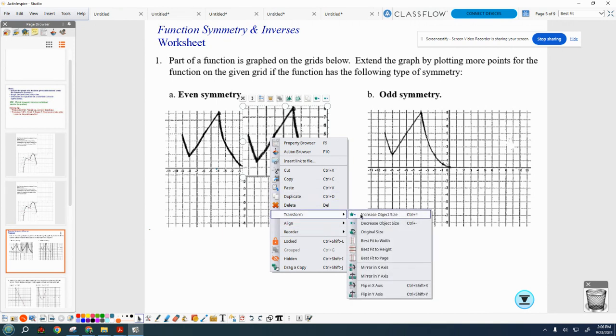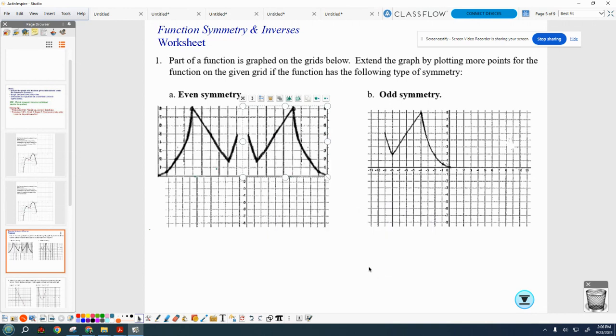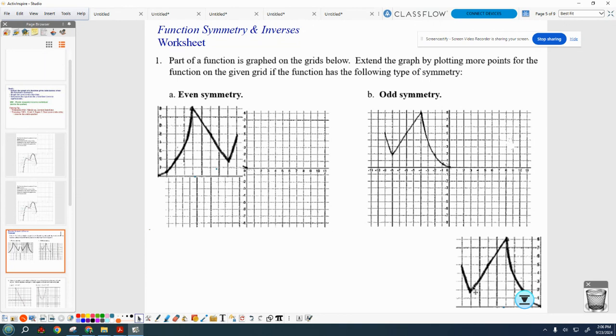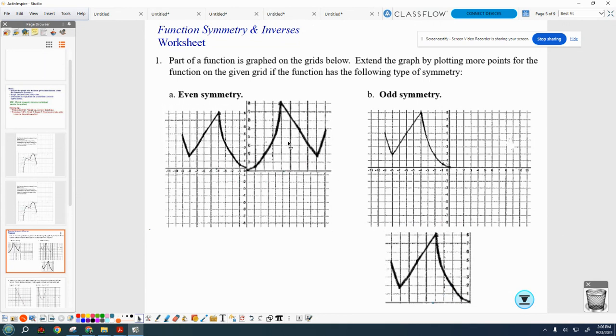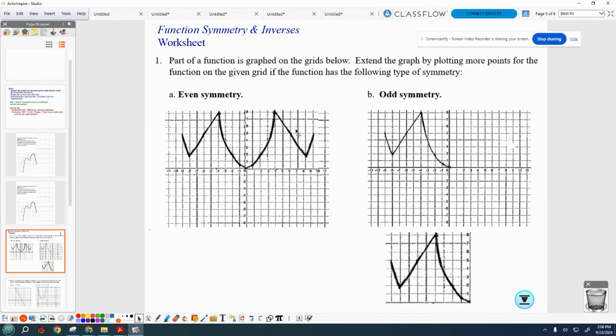I am going to transform it. That's technically not a fail. See, I cheated.